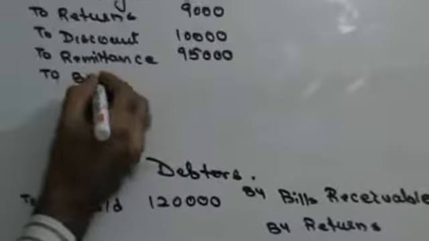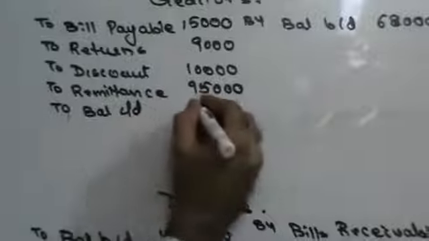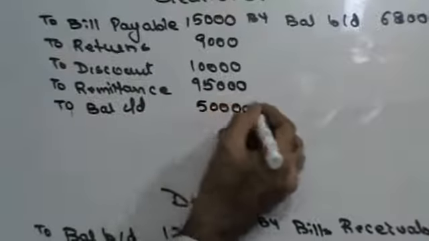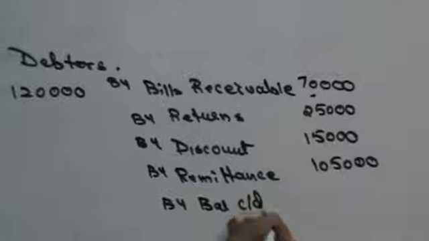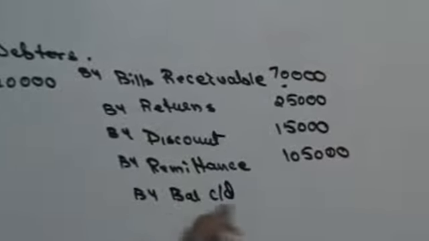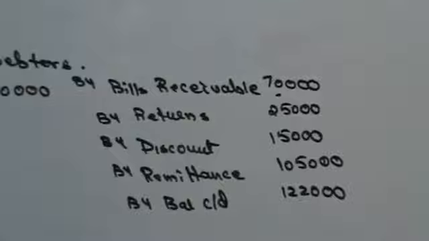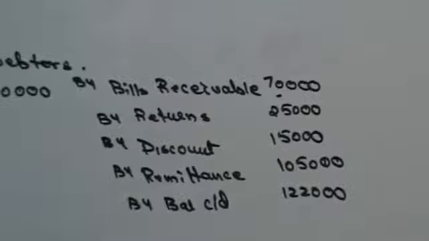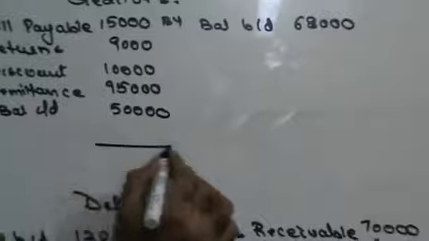To balance carried down. Closing balance of suppliers is 50,000. Closing balance of customers is 1,22,000. Right? So my debtors account is ready and my creditors account is ready. Let's tally this and find out the difference.